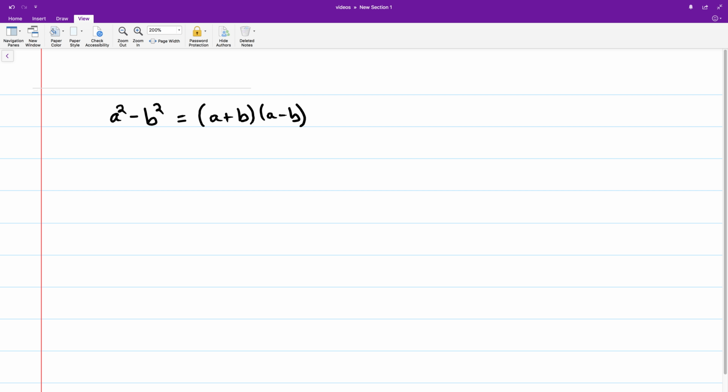And we also have, once again, with the sum of cubes, a to the third plus b to the third is equal to the quantity of a plus b times the quantity of a squared minus ab plus b squared.